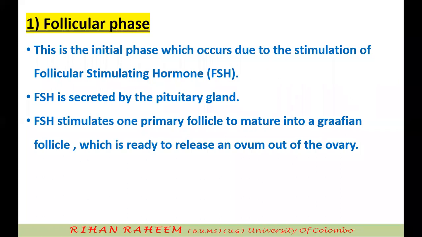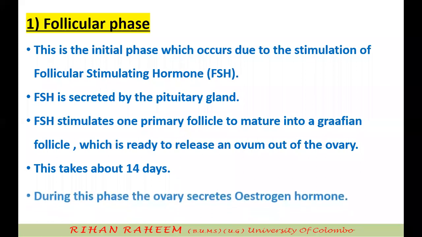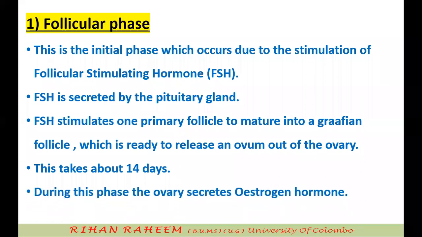No, the hypothalamus is in the middle, in between the right and the left brain. It takes 14 days. So we know the follicular phase takes 14 days. Remember, the primary follicle is converted into the Graafian follicle. One new name, Graafian follicle.